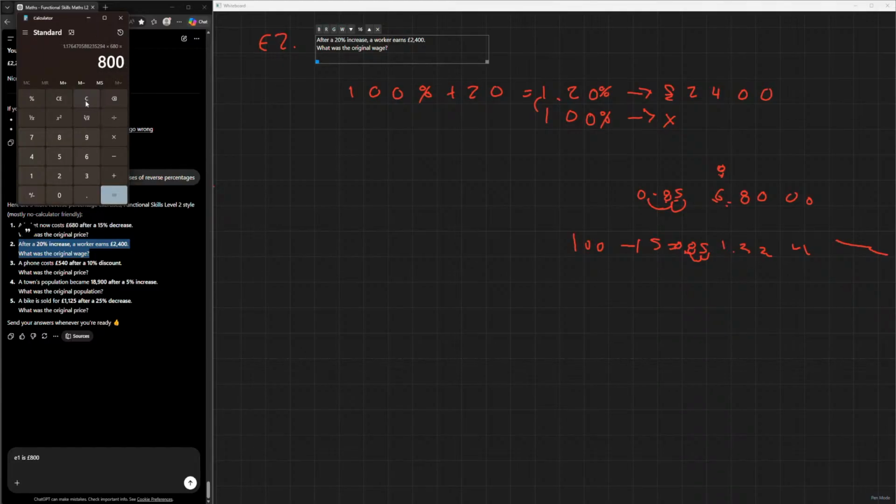I'm still getting the same answer, so it's better if we learn to, like ChatGPT says, divide both. Let's do our increase or decrease here, find the percentage that we are looking for, then we always divide this number by that number, and we always get our answer. So moving on, 2400 divided by 1.2 is 2000.